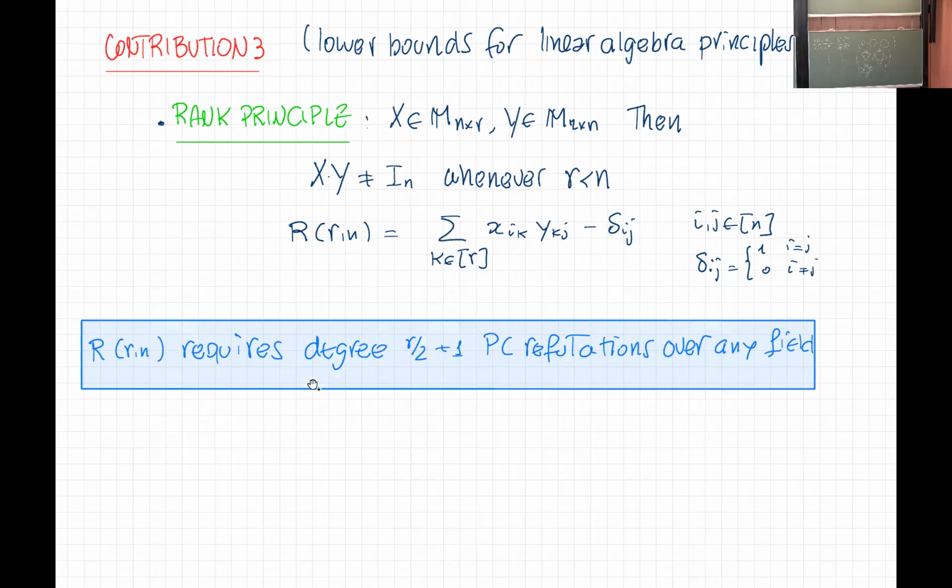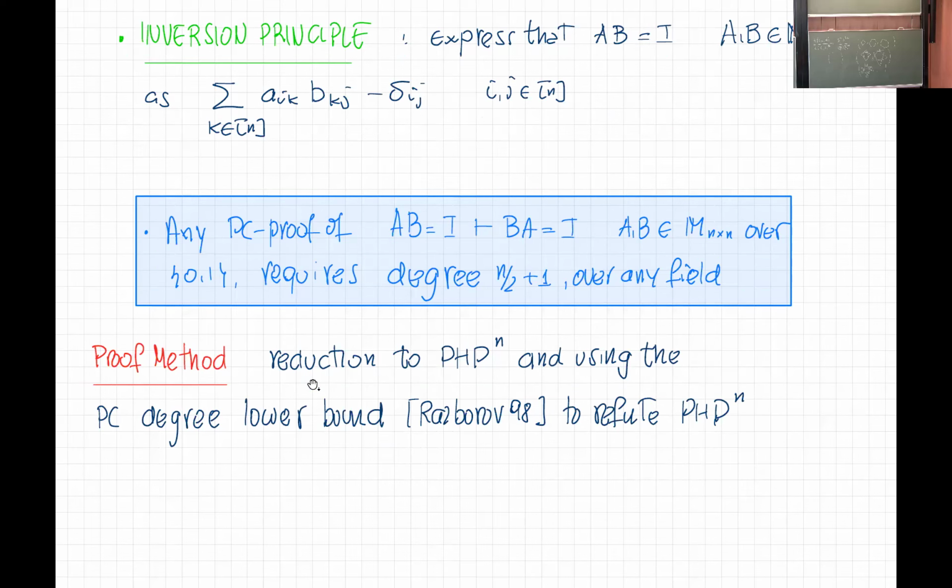This set of polynomials is requiring degree r over 2 plus 1, and the second one n over 2 plus 1, over any field. But these essentially come from a reduction to the pigeonhole principle, from a result on degree lower bounds given to refute pigeonholes. Indeed, we are reducing exactly to the form of the pigeonhole principle it is using.